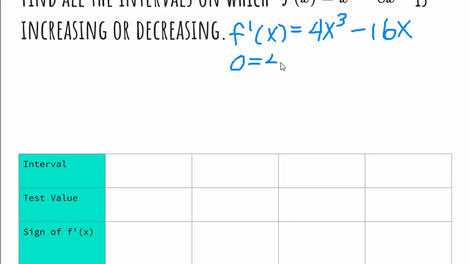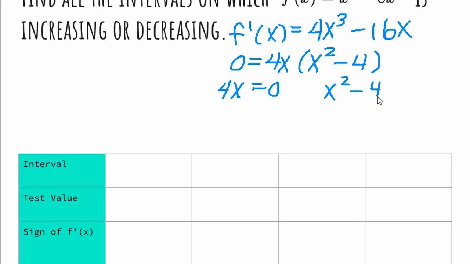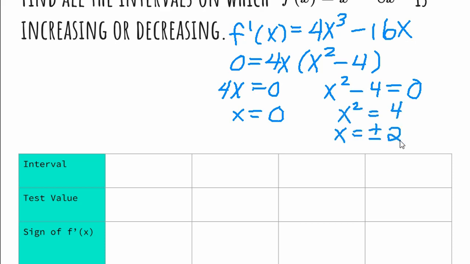I'm going to factor out a 4x, and that leaves me with x squared minus 4. So 4x could equal 0, or x squared minus 4 could equal 0. So x could be 0, or x squared could be 4, so x could be plus or minus 2.